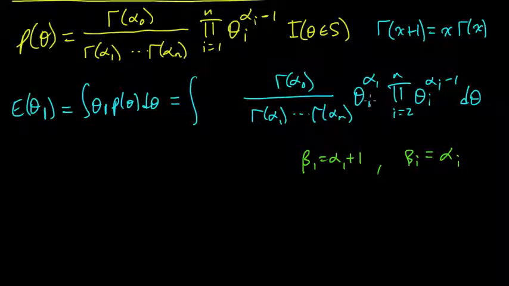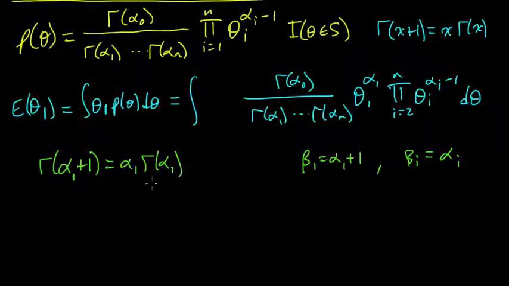If we put the betas in here, we would get this. But we need to fix these guys. We need to get betas over here, and in order to do that, we're going to use this property. So gamma of alpha 1, we need to get rid of that. Let's use this for x equals alpha 1. So that's equal to alpha 1 times gamma of alpha 1.